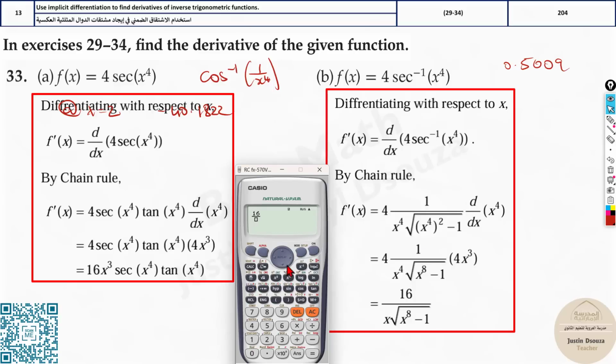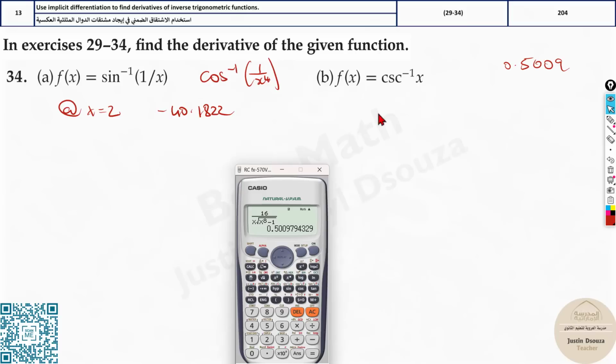It's 16 divided by x square root, not squaring it, square root of x to the power 8 minus 1. Now calculate at 2, because I've taken 2 itself, and it's matching. Only one correct option will match. So by this method, you can solve any problem, whether it's inverse, non-inverse, anything.